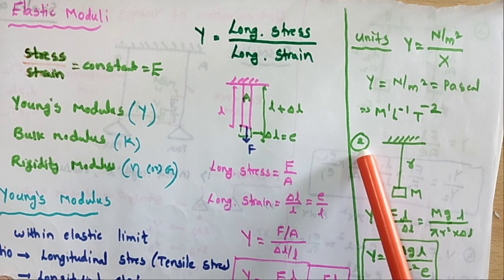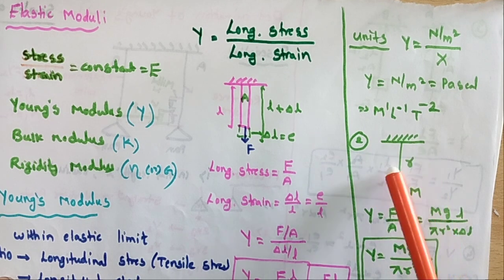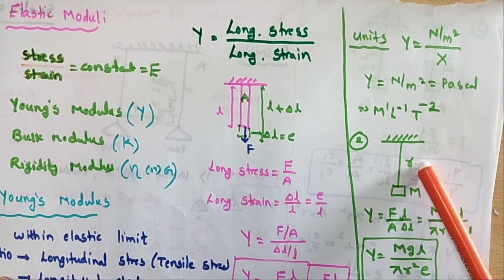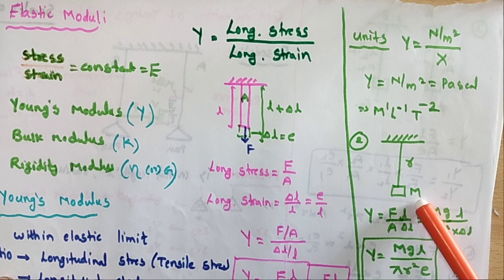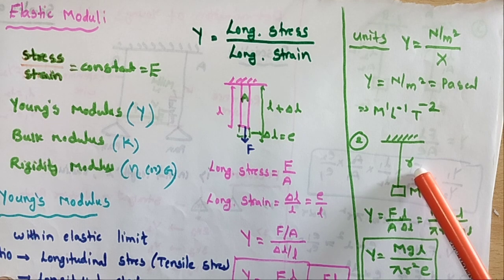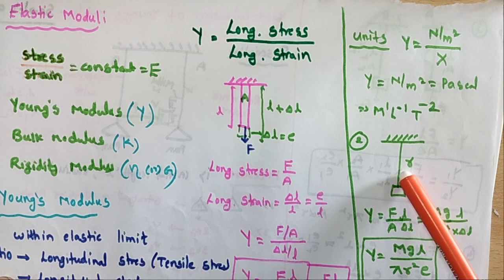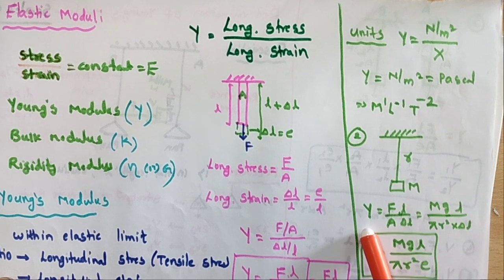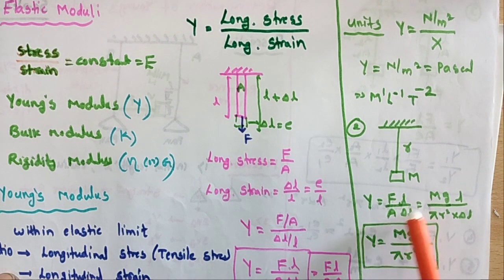Second point, I am taking one wire. Sometimes the radius is given. Suppose a mass of 2 kg or 5 kg is hung from the wire and the wire radius is given. How to calculate the Young modulus of the wire? We know that Y is equal to F by A times L by delta L. The force acting is the weight mg, and the area of the wire is pi r square.